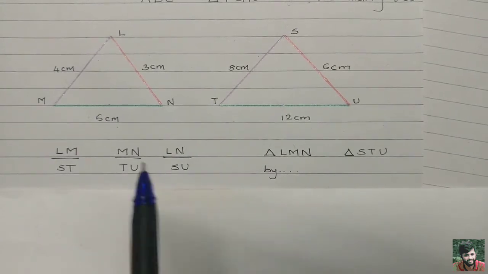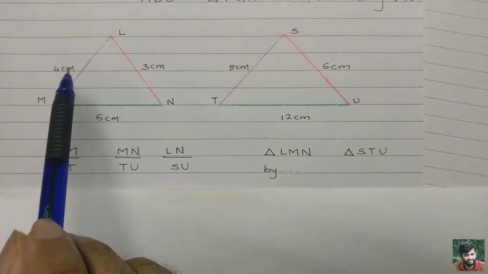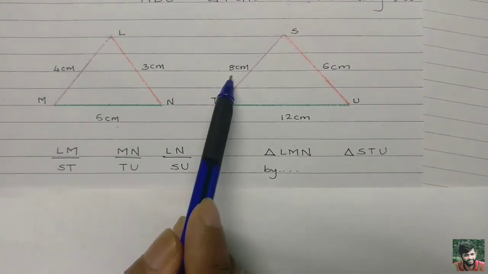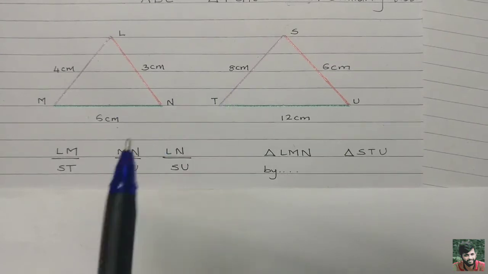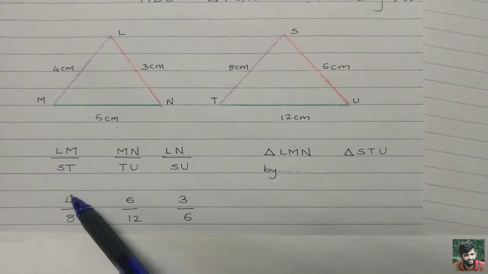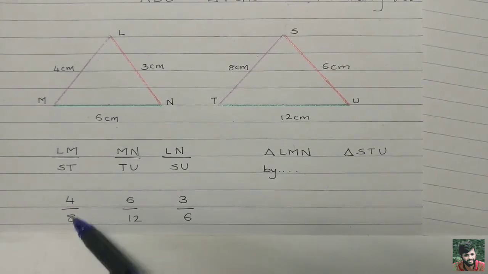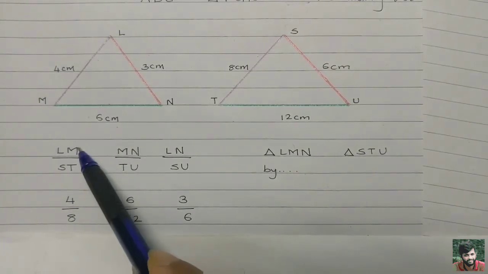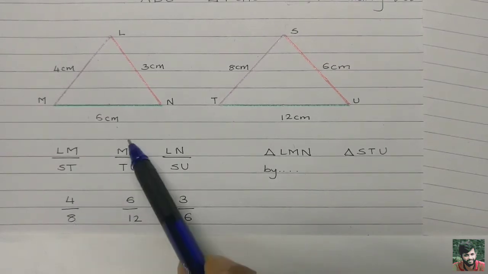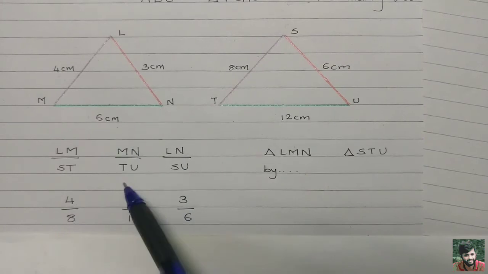Now what is it saying? Let us consider this. This is 4 centimeter and this is 8 centimeter, right? So I'll write over here, 4 and 8. The side ST is written over here. So 4 upon 8, MN is 6, TU is 12, so 6 upon 12.